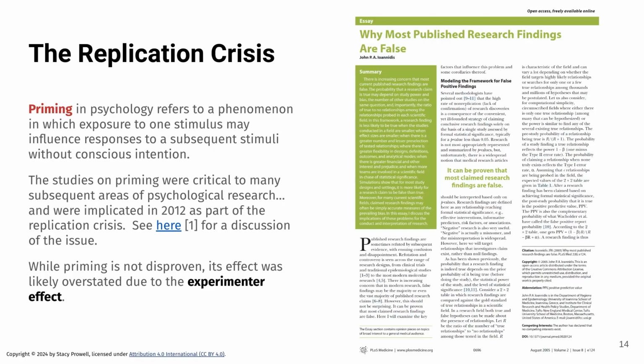Now, priming has not been disproven, but its effect was likely overstated due to experimenter effects, right? I'm the experimenter. I'm directly interacting with my subject, and I'm basically coaching you, consciously or unconsciously, to respond the way I want you to so that I can get a result that is going to get me published in a high-profile journal and let me make interesting claims. In addition, there's a publication effect because the journals, they like this stuff, right?